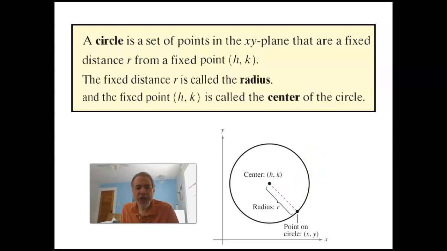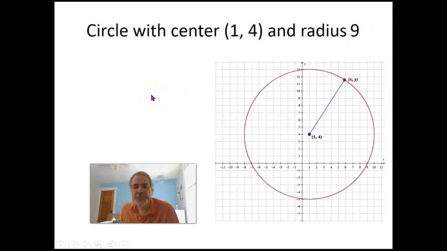So what would the equation of something like that be? Let's take a specific example. Suppose we want a circle where the center of the circle is the point (1, 4), and the radius of the circle is 9. So that means the circle is made up of points where for every point on the circle, the distance between that point, (x, y), whatever those numbers are, and the center point (1, 4), has to be 9.